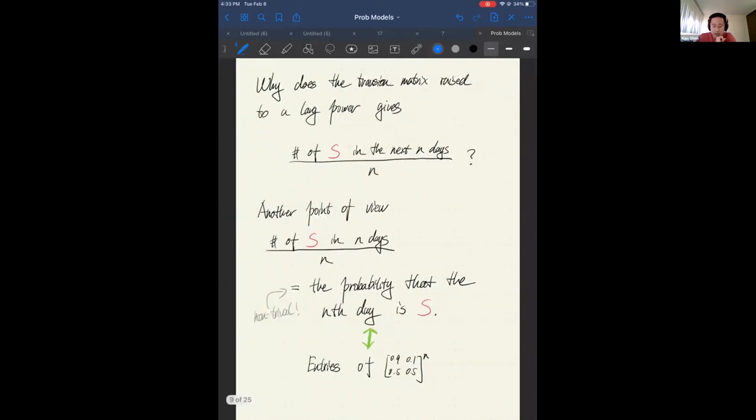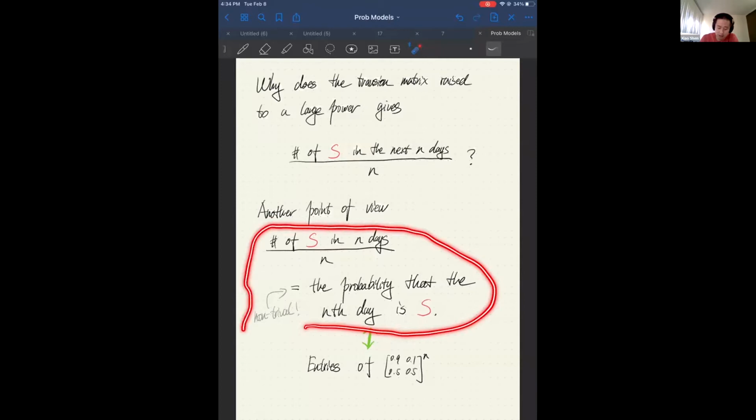Okay. So now the next question, maybe I'll give you some intuition: why, when we raise this transition matrix to a large power, do we somehow get this ratio? Because it seems like the two are not really connected. To see this, we have to look at the problem from another point of view, given by the first equality described over here.